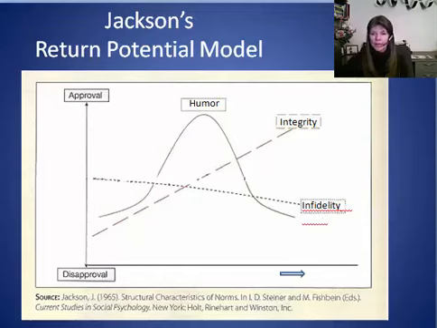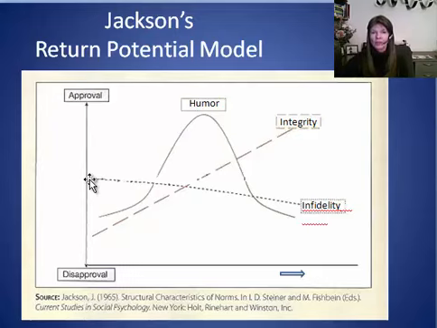However, what I want you to notice about this in particular, okay, is that it starts at the more neutral point of this disapproval approval axis. So it starts here at the more neutral point because fidelity is expected of people in general. This implies that fidelity is viewed as more of a norm than a value in U.S. culture.